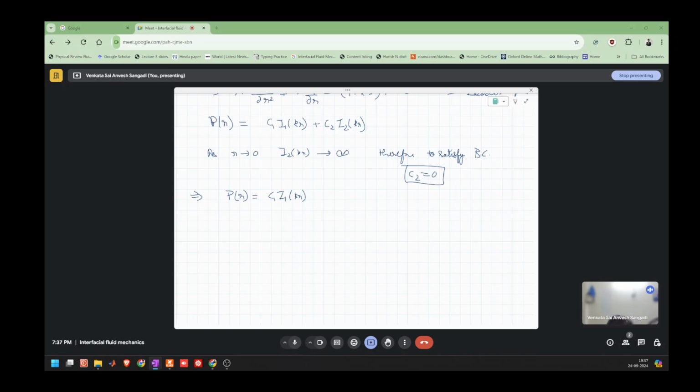So from here, once we find P, we have U, which is equal to minus 1 by rho omega C1 k I1 dash kr.